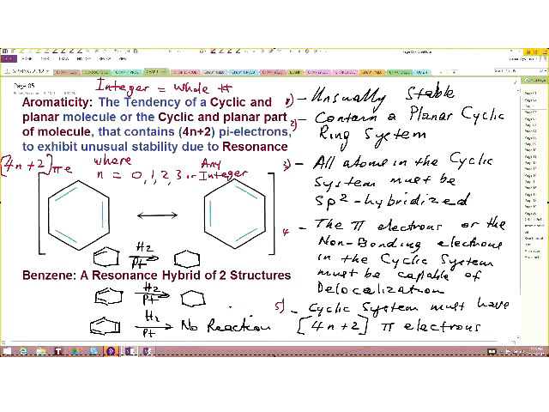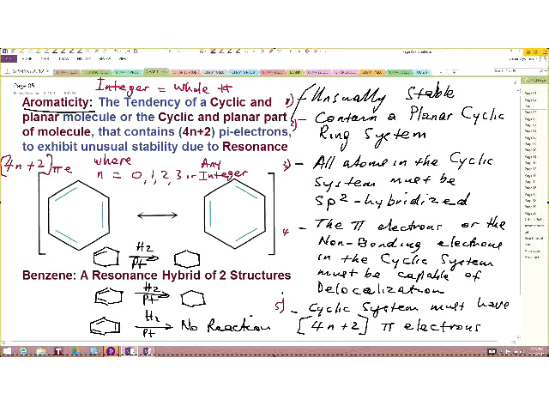In order for you to get benzene to react under hydrogenation conditions, you have to use very high temperature and very high pressure. In other words, benzene is so aromatic, it will resist any attempt to reduce its aromaticity. I just introduced another terminology to you: aromaticity.